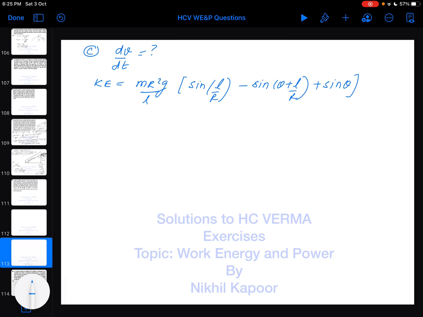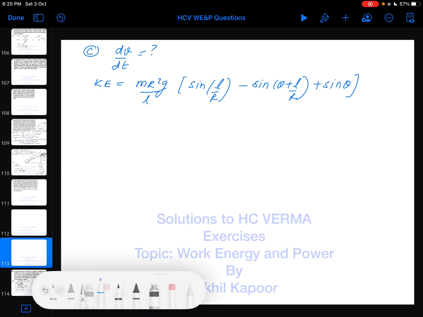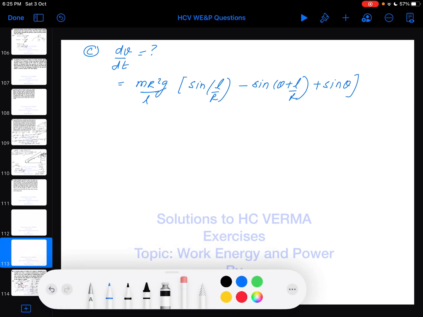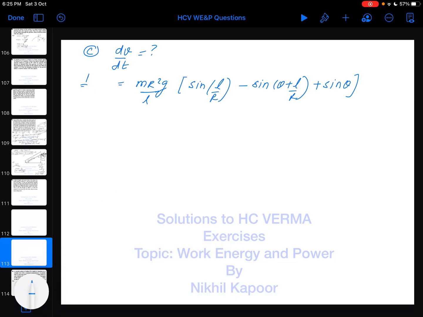While the kinetic energy is given by the formula half mv square, so I will write here half mv square. Now this m and this m get cancelled, and I will send this 2 here. Now differentiate on both sides with respect to time t.